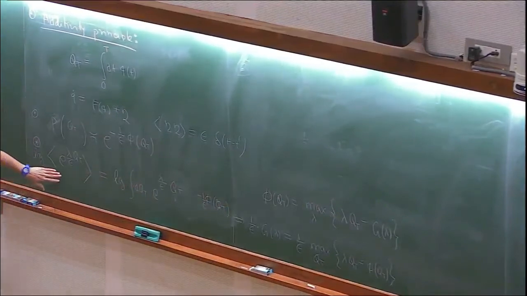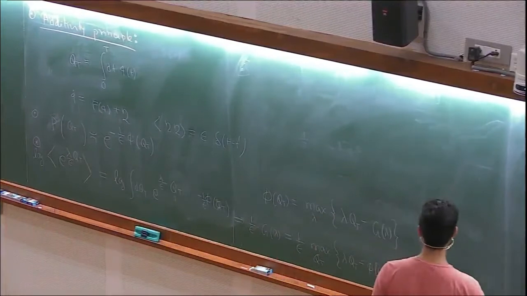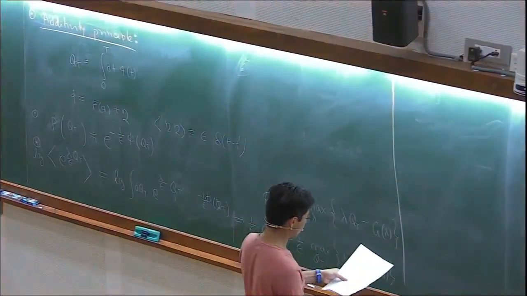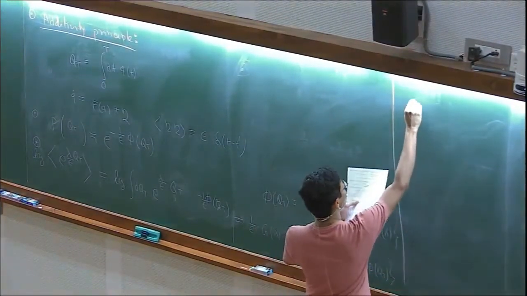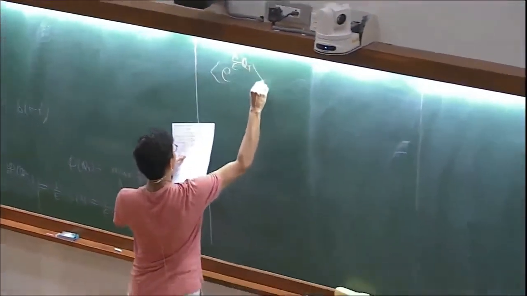First, I want to calculate this quantity. So it's quite straightforward. Now you all know how to do this. I'm just going to look at lambda over epsilon times qt.